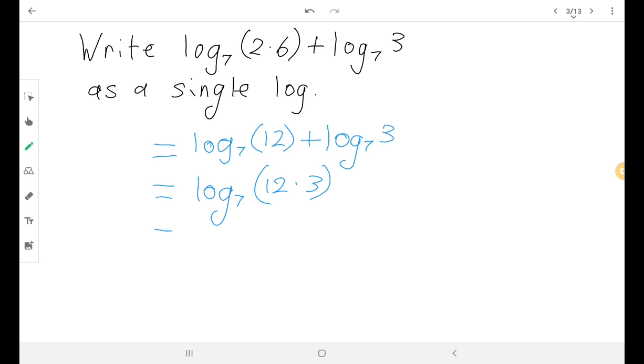And then I just multiply the numbers together. Log base 7 of 12 times 3, which is 36. And there is my answer. I'll pause for a moment, let you look at this, see if there are questions.